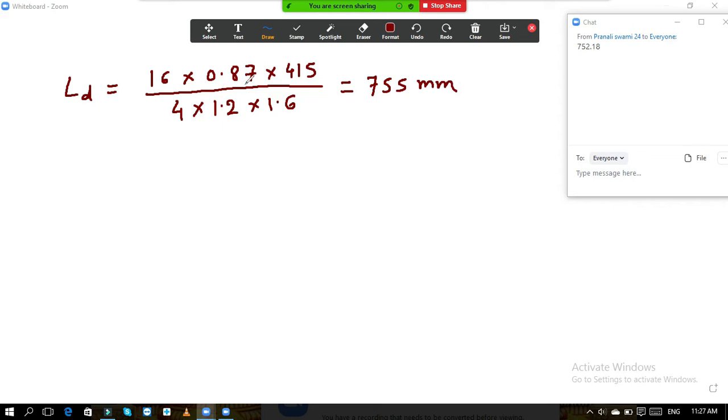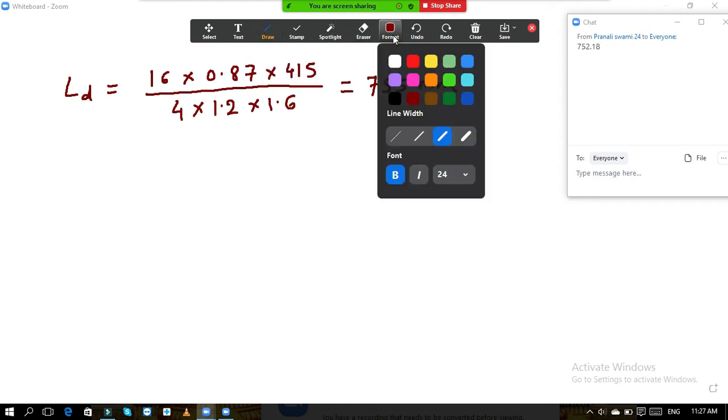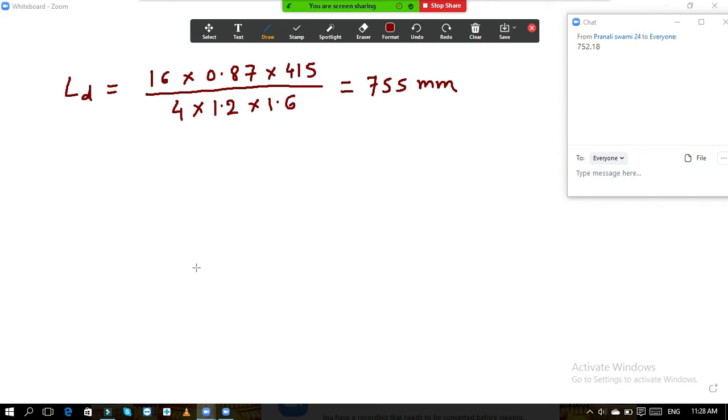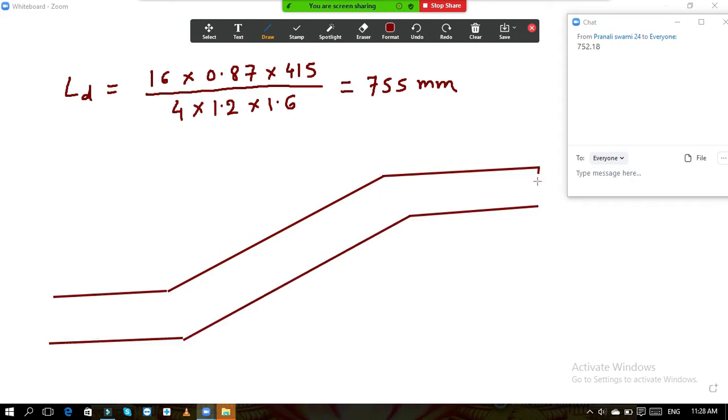Now the last part is drawing the reinforcement sketch. Now I think you know how to draw the reinforcement. So I will draw it fast. You also draw the reinforcement sketch. Join the points. Now we will place our main steel bar.